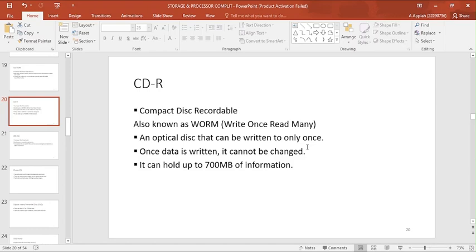So it's an optical disc that can be written to only once, but you can read from it as many times as you want. So once the data is written, you cannot change it. It can also hold up to 700 megabytes of data or information.